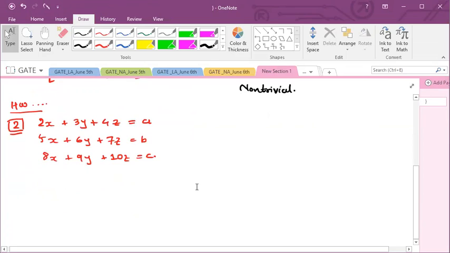This was your 1 mark previous year question, and they are asking the condition for at least one solution.